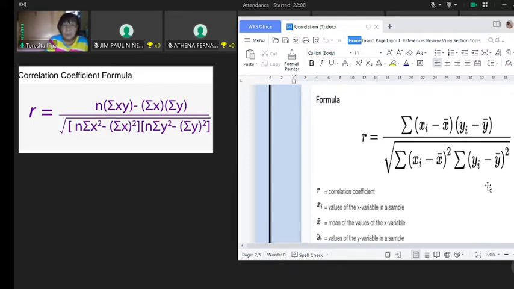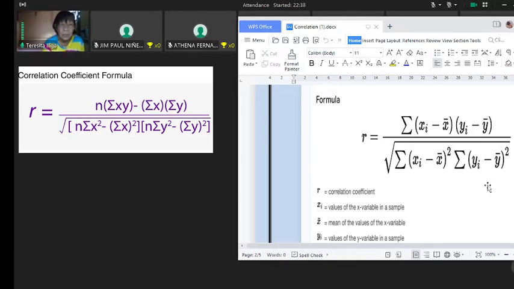One problem can ask for both correlation and regression. If you use the first formula, you can still use it and you will arrive at the same answer. But if I ask another question in terms of regression, you will have to make another table so that you can apply the formula of regression.